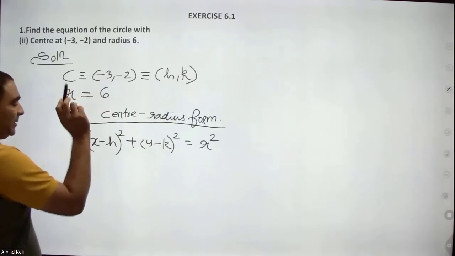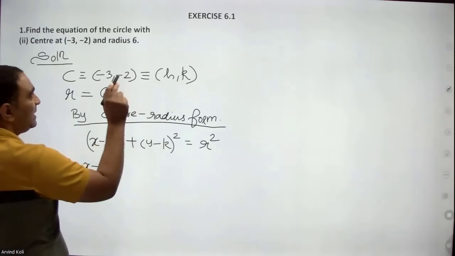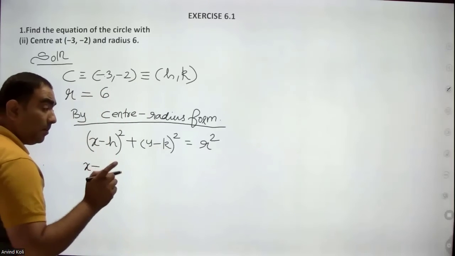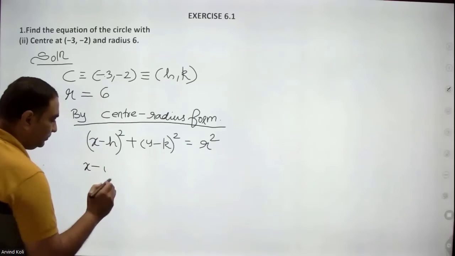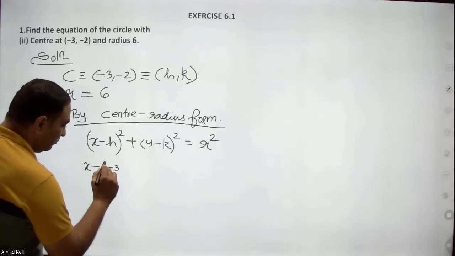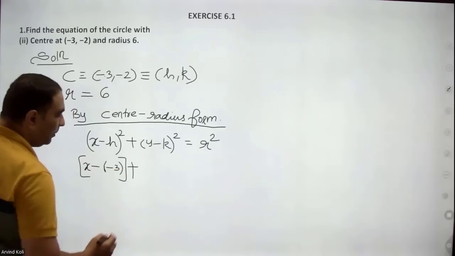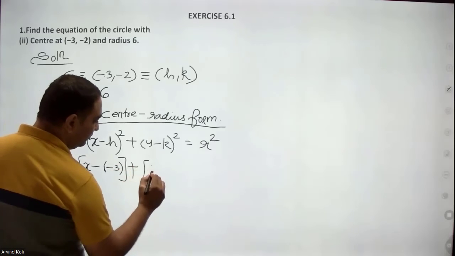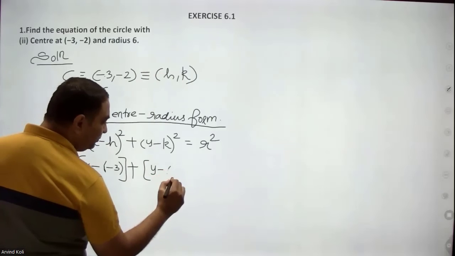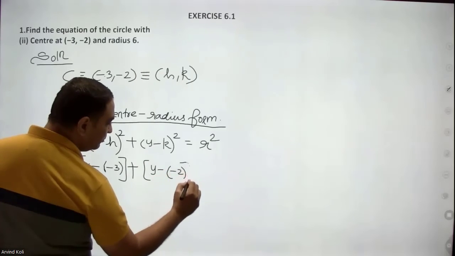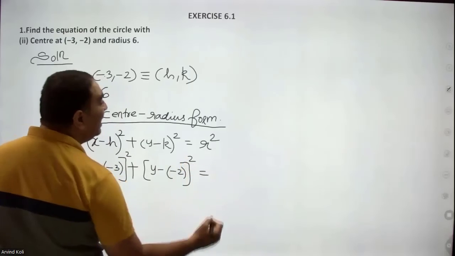So h is minus 3. So I'll write x minus h, h is minus 3, so I'll write minus 3, plus y minus k, k is minus 2, whole square is equal to r square.